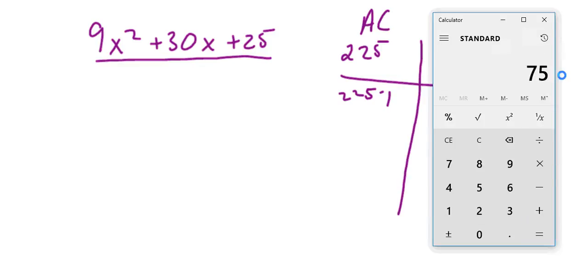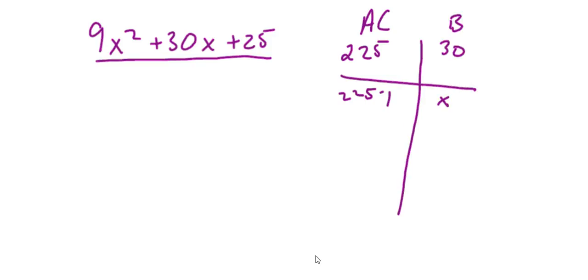I think that is 75. So 75 times 3. Add those together, and that's going to be 78. 75 plus 3 is 78. Getting closer to 30, I guess.